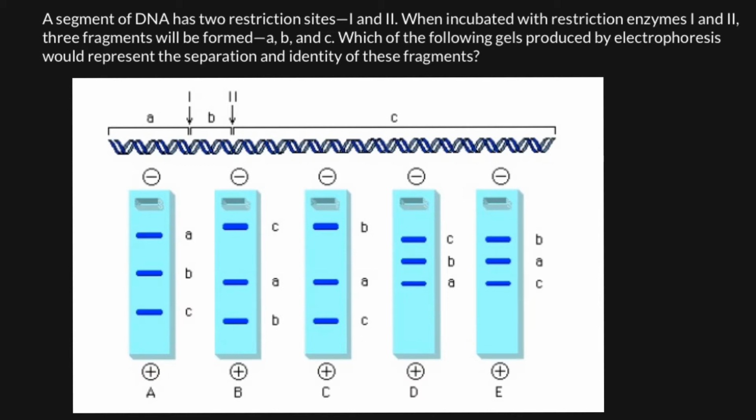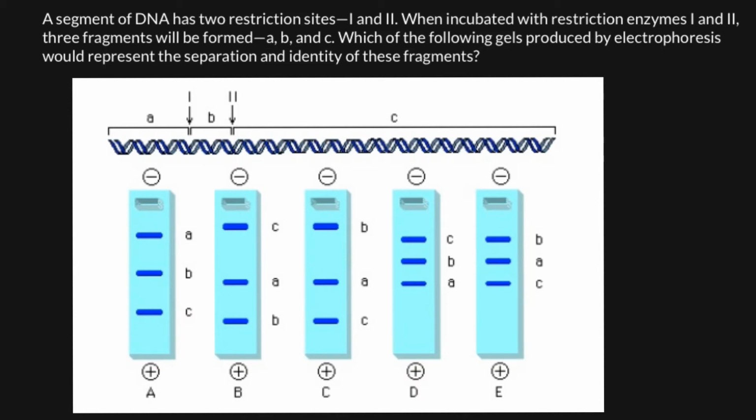As you remember, the same charges would repel each other and different charges would be attracted. So we load our samples of the DNA in these wells here, and negatively charged DNA would travel in the direction of the positive charge.